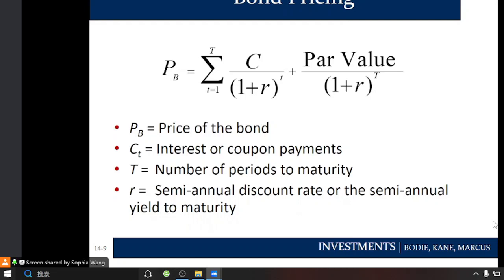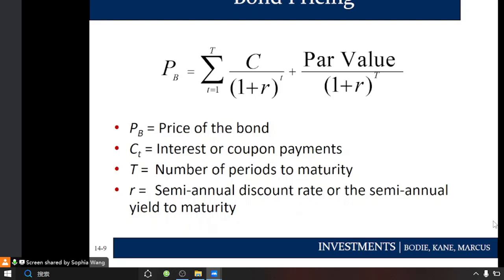So first, we should calculate the PV of the cash flow of the coupon rate. PV means present value. Everything should be changed to present value, and then you can calculate them together.